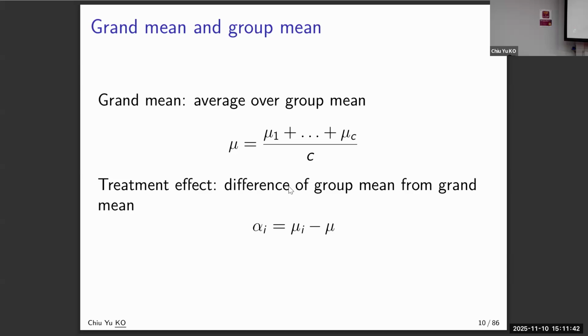If you figure out that this is not zero, then you do the t-test and see which one is better. Of course, you can do t-tests one by one, but ANOVA is the way to do it once and for all, because I want to see if any of them are different. Later we'll see. So that is what we call the treatment effect.